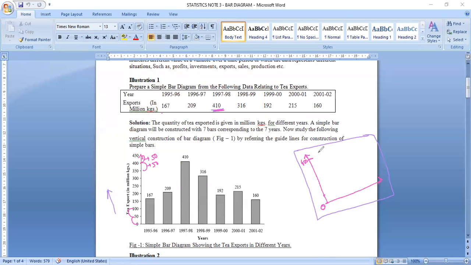But there is no such standard rule. Okay, and do not use the graph paper. There is no need to use graph paper.